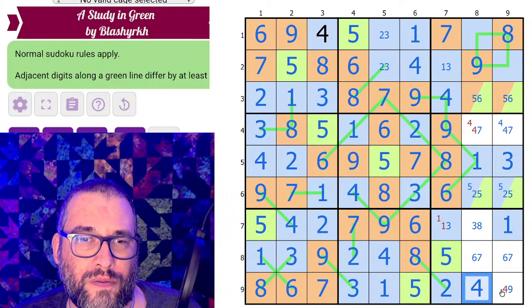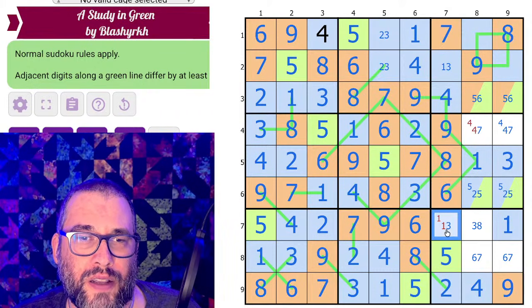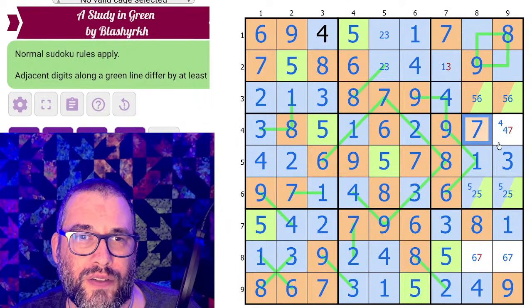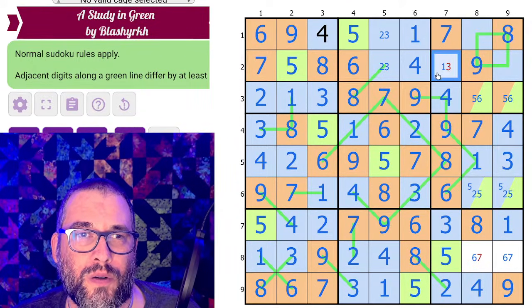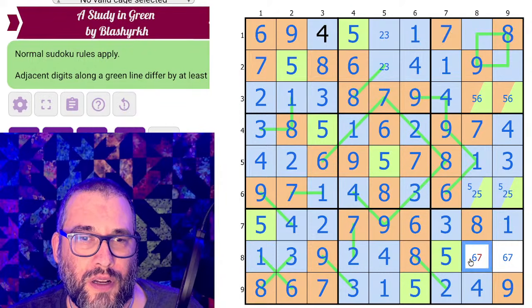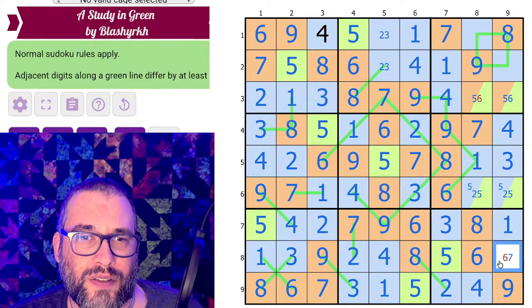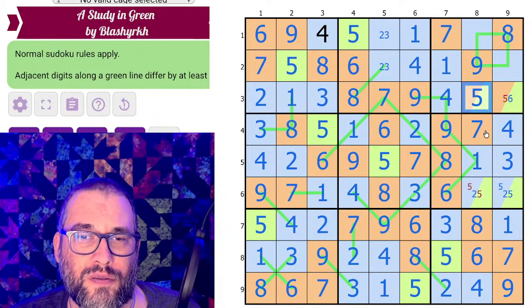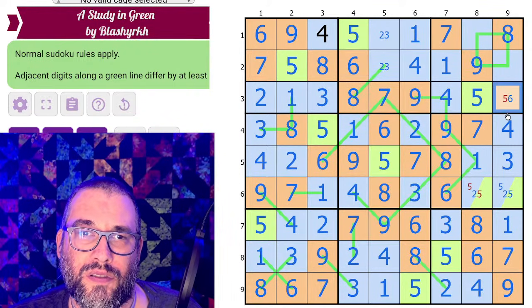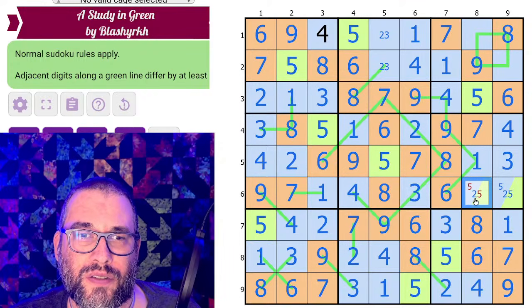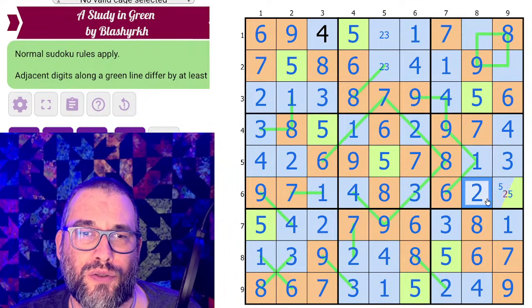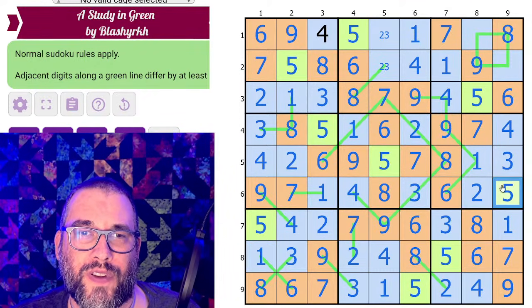1, 4, 9, 3, 8, 7, 4, 1, 6, 7, 5, 6, 2, 5.